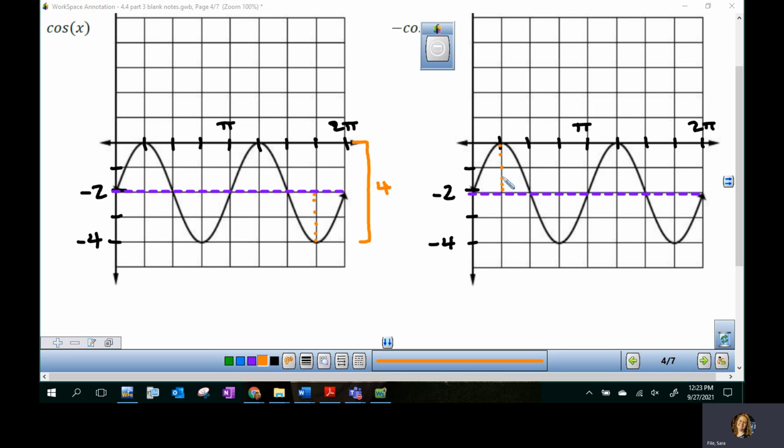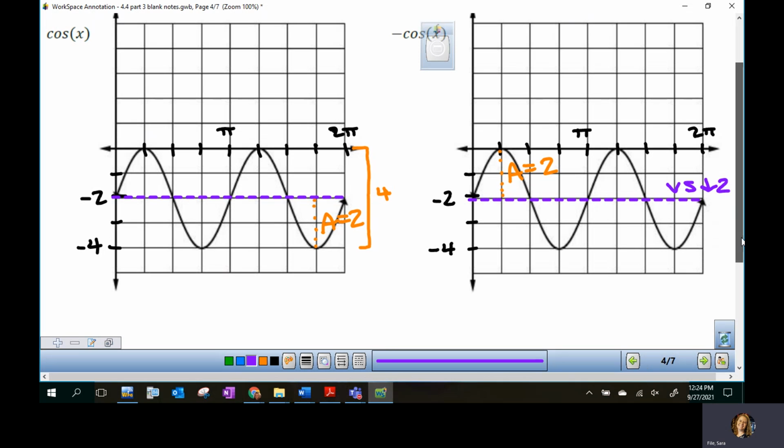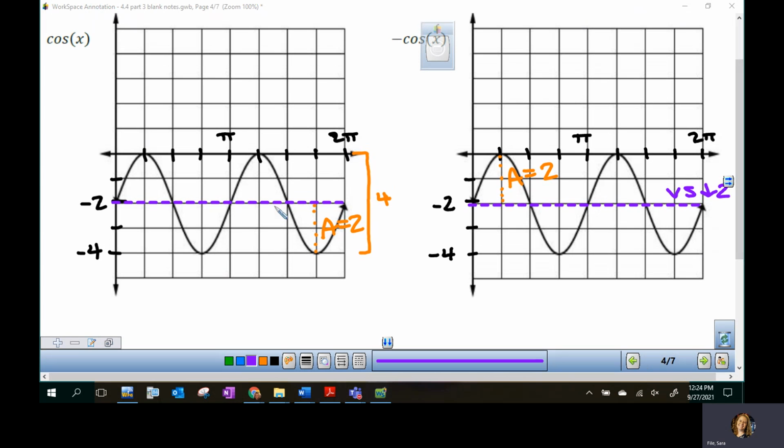So we now have our amplitude is 2. And our vertical shift is down 2. So that means it's negative, right? Okay, so the D is going to be -2.